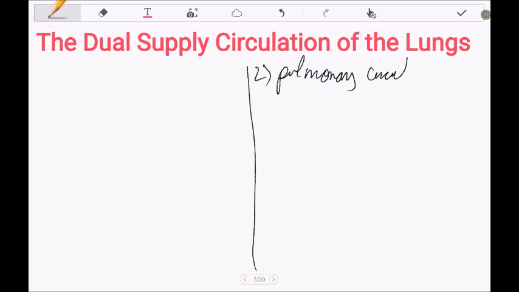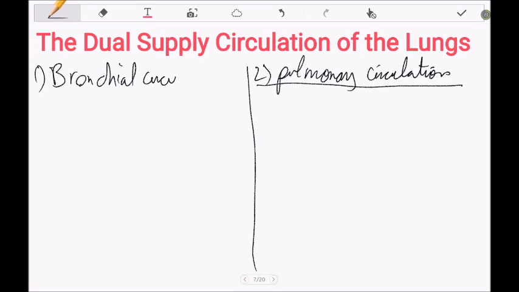Pulmonary circulation is the one that I just talked about, the regular circulation of the blood in the heart, the lungs and the whole body. The other type of circulation is called the bronchial circulation. Bronchial circulation and pulmonary circulation are the dual supplied circulation in the lungs.